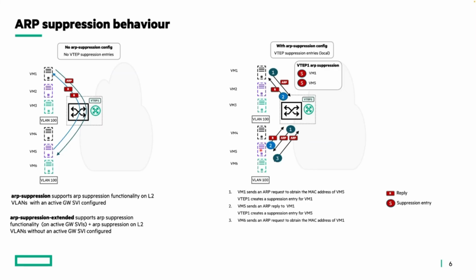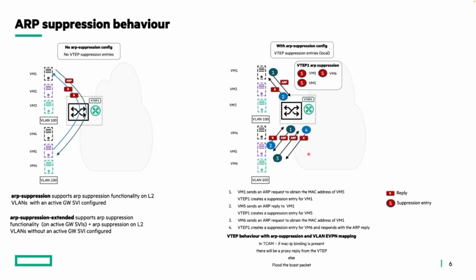So when VM6 wants to contact VM1, this time, since there is a suppression entry already, the VTEP responds back to VM6 with an ARP reply. So in TCAM, if a MAC IP binding is present, there is always a proxy reply from the VTEP, else there will be a broadcast.